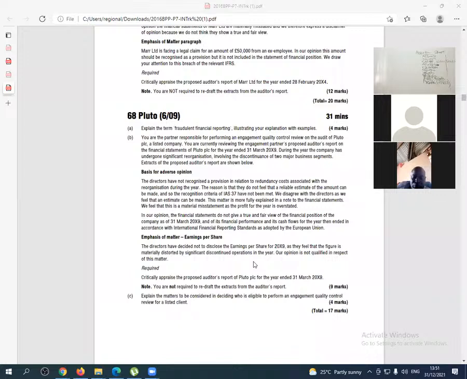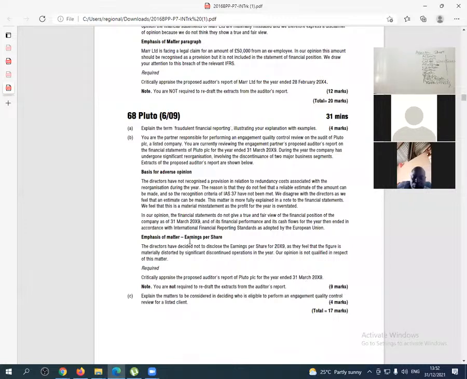Another point: deliberate, intentional manipulation of underlying accounting records, misapplication of IFRS, all that. So I can continue. Now, please look at part B. Part B is a bit lengthy. For lengthy questions, you always start by reading the requirement. Required: critically appraise the proposed auditor's report of Pluto PLC for the year ended 31st March 2019.